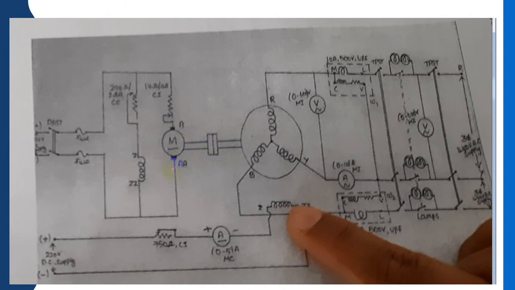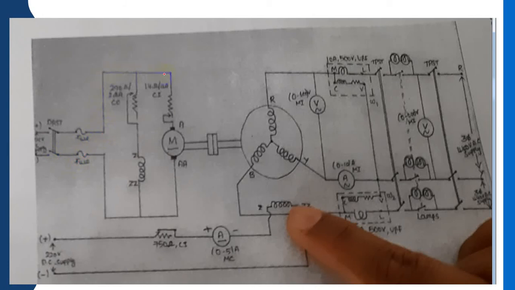Next, come back to the connections of the motor. So here is the motor connection, motor armature AA, and the field coil ZZ. We have to provide supply to these terminals, armature and field terminals. So here is the supply available. The supply is connected through a DPST switch, with a fuse provided for protection, followed by a connecting wire.